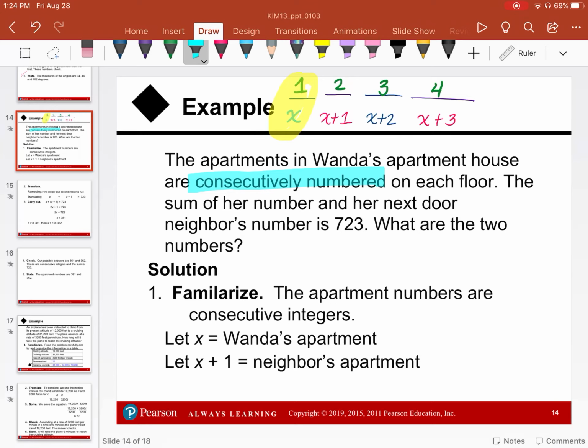So if they're right next to each other, if our first is x, then our numbers would be x and x plus 1, just as we have here, where we say familiarize. The apartment numbers are consecutive. So if we let x be the first, then the next one would be x plus 1.